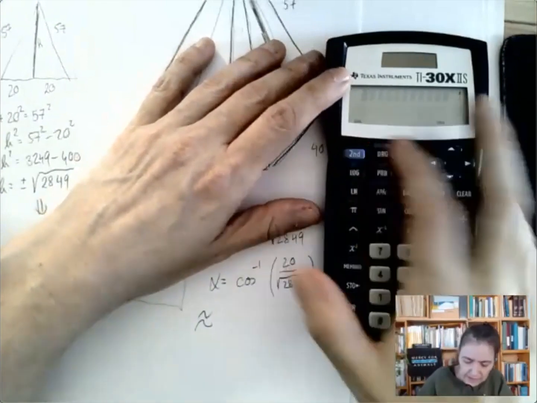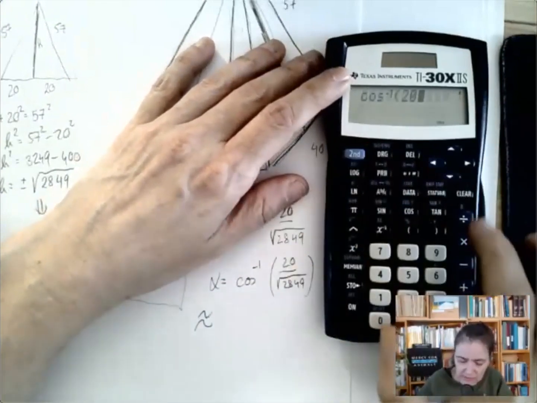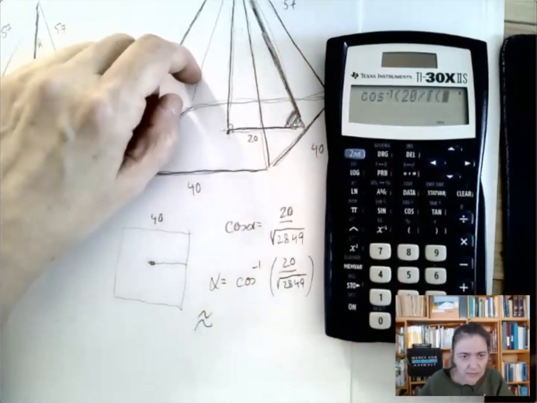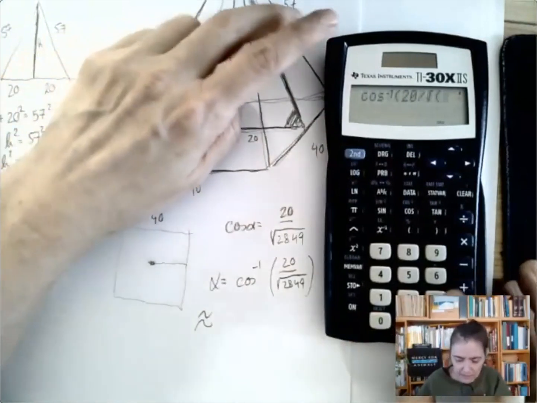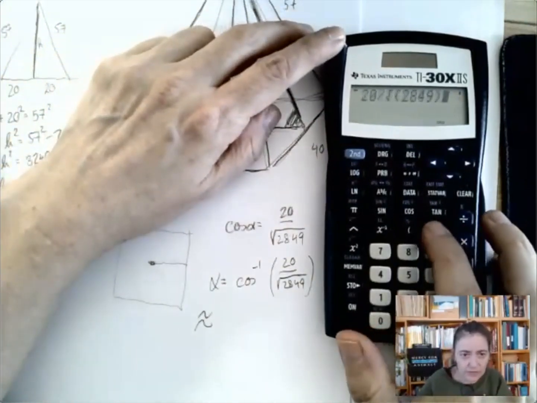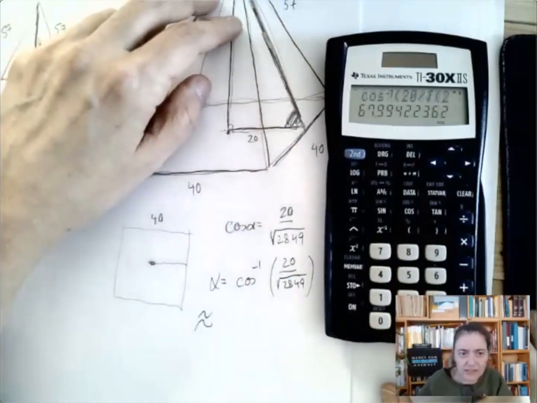So we have second cosine, a parenthesis is open for us, 20 divided by, we're going to say square root, which opens a second pair of parentheses. And we enter 2849, close the parenthesis, close the other one, fingers crossed, almost 68 degrees.